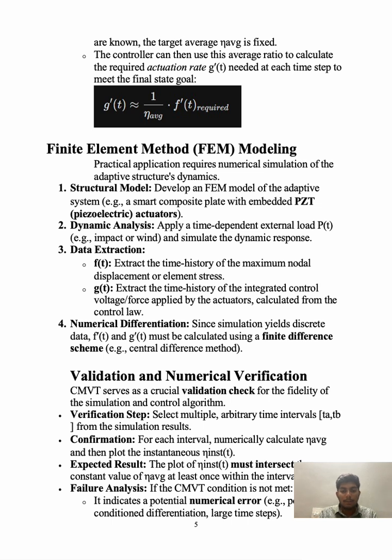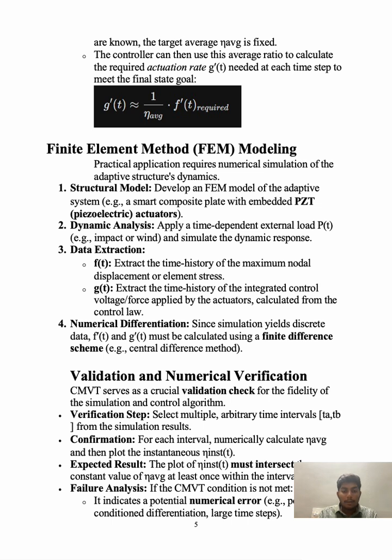Validation and numerical verification. CMVT serves as a crucial validation check for the fidelity of the simulation and control algorithm. Verification step: select multiple alternate time intervals, like ta and tb, from the simulation result.